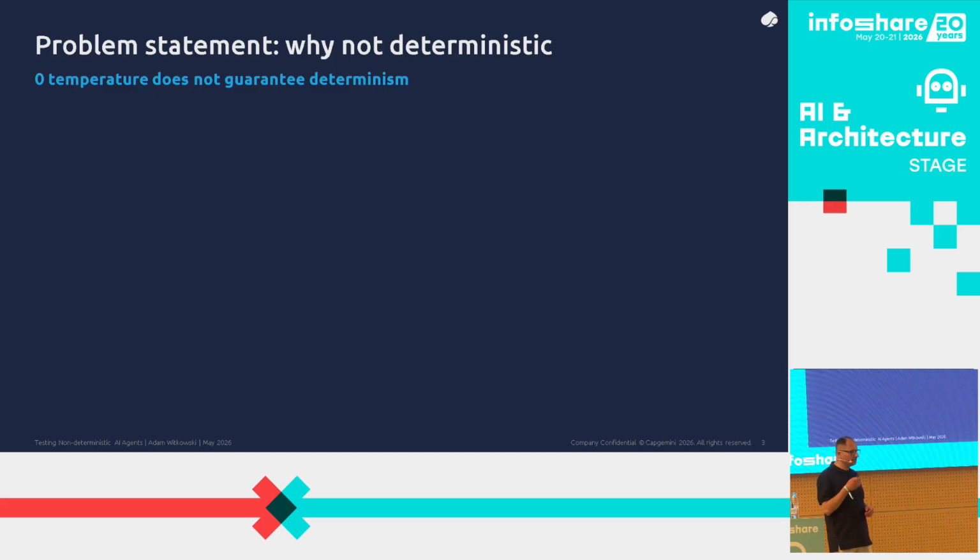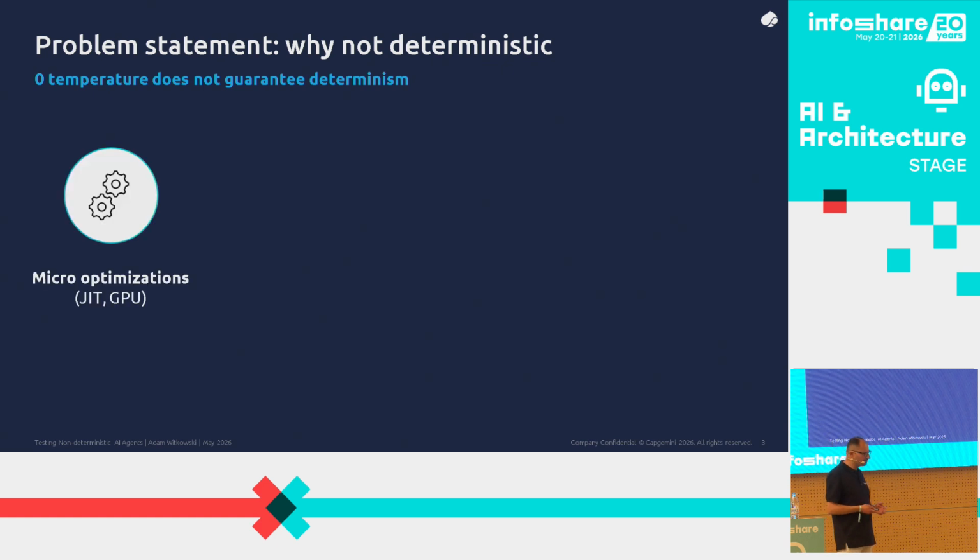And the biggest magic is that even if we set temperature to 0 and we move the large language model from whiteboard to the computer, it stops being deterministic. How is that possible? Many reasons. There are micro-optimizations.